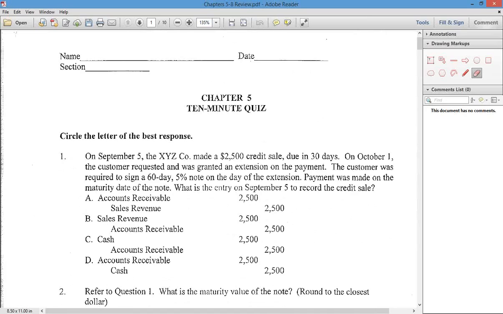We always want to remember that we need to apply GAAP. We need to match our revenue with the expenses that it took to earn that revenue. Proper revenue recognition. We also took a little short look at unrealized gains and unrealized losses and how those would be reported.